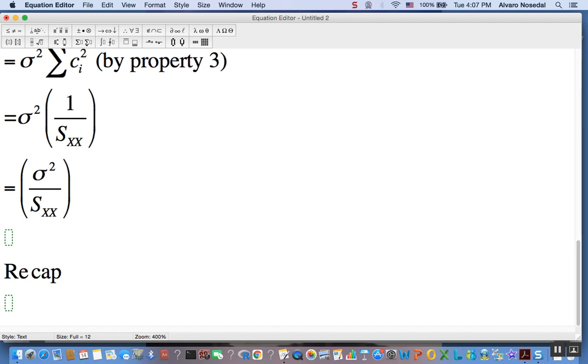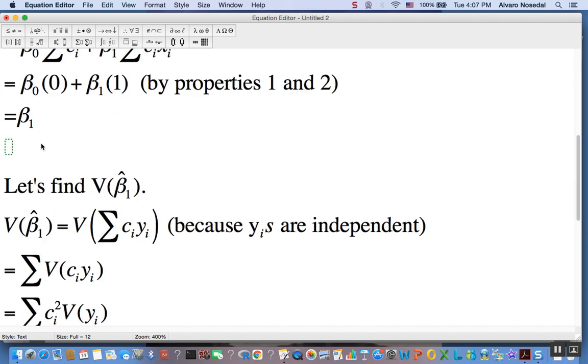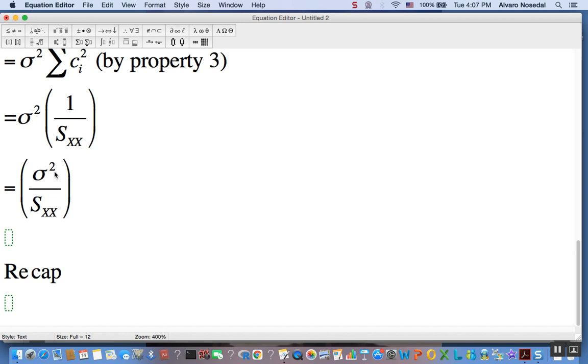What we did here is we showed that beta 1 hat has a normal distribution, and we found its mean and its variance, right? And the mean of beta 1 hat happens to be beta 1, meaning our estimator beta 1 hat is unbiased, and the variance of our estimator beta 1 hat happens to be sigma squared divided by sxx.